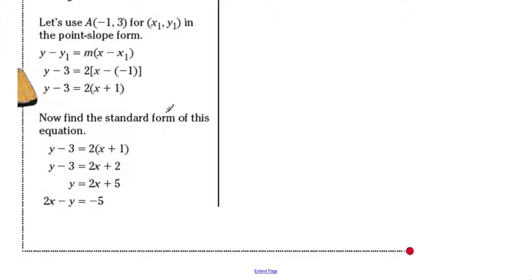Basically, this particular thing skipped a step. It should be negative 2x plus y equals negative 5. Since you want to make this positive, you have to multiply both sides by negative 1, and that's how you got this particular standard form equation.